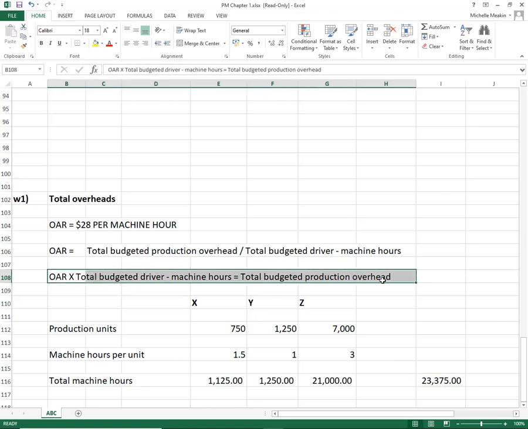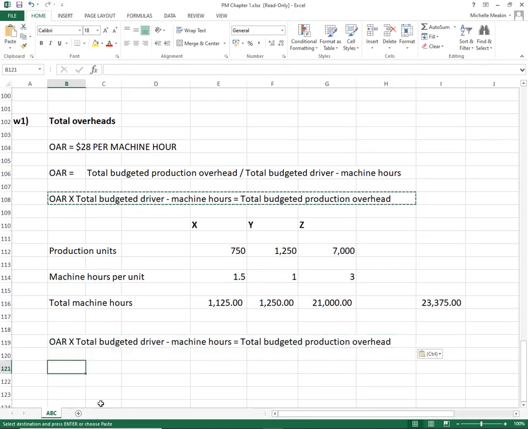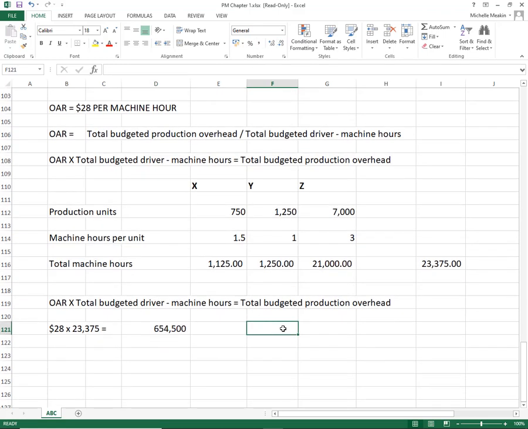So using the manipulated equation from above, OAR is $28 times my budgeted machine hours of 23,375 must be equal to my budgeted production overhead. So my budgeted overhead comes in at £654,500.